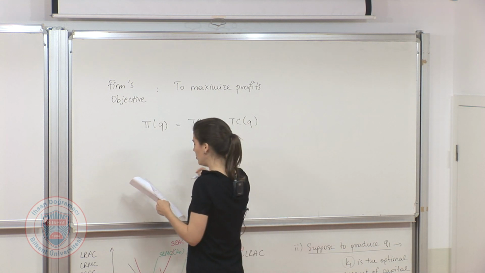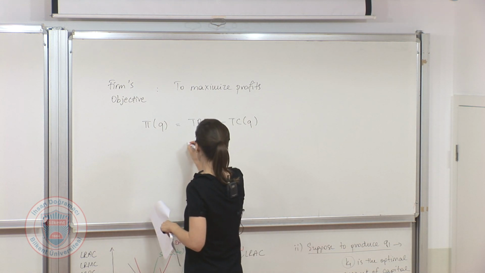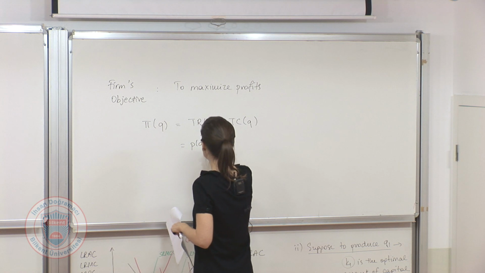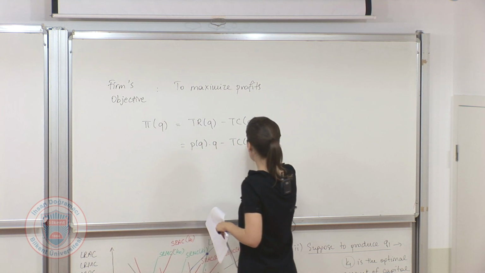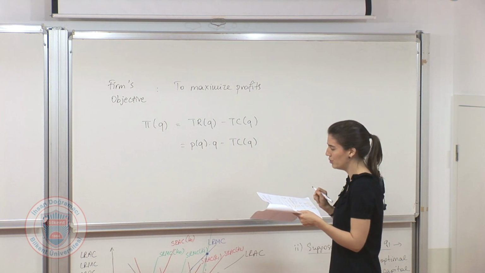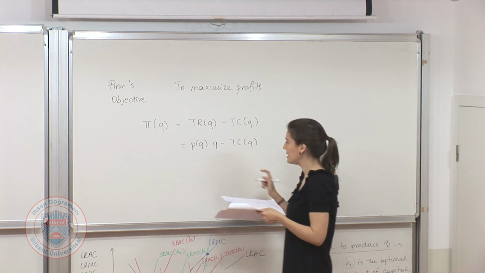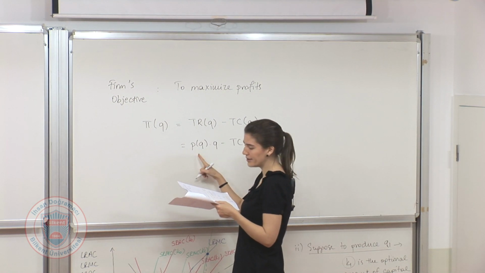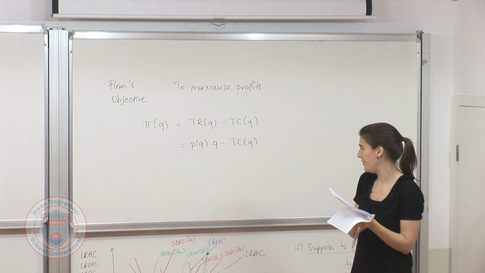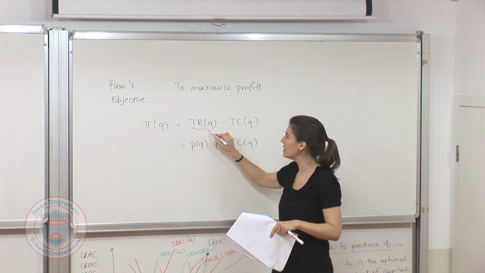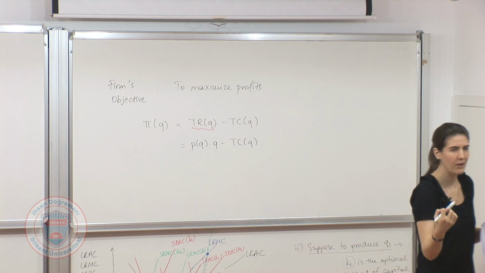Total revenue is basically P(Q) times Q, minus total cost, which is a function of Q, right? This is what you can think of as the sales.